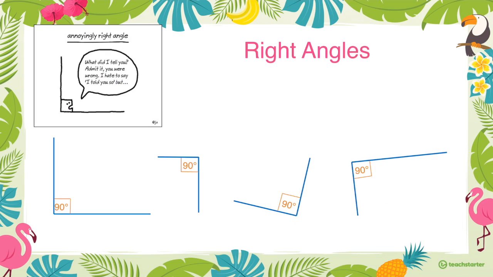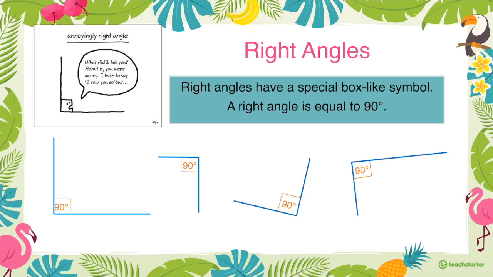Next, I've got right angles. Right angles have a nice special box that we can see in the corner that helps us to identify it. And a right angle is always 90 degrees.